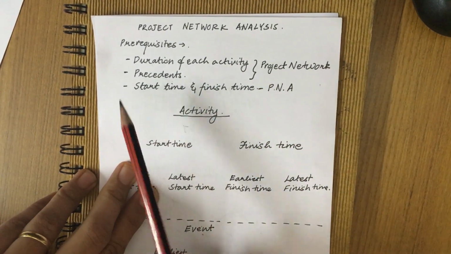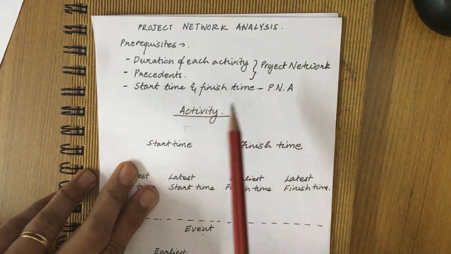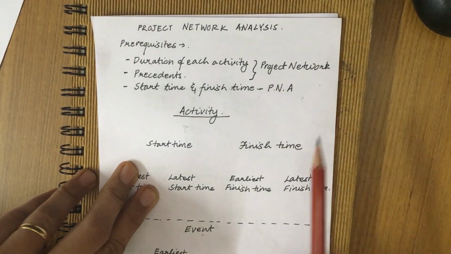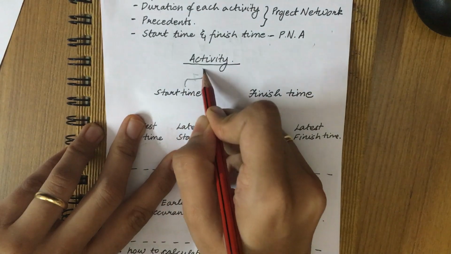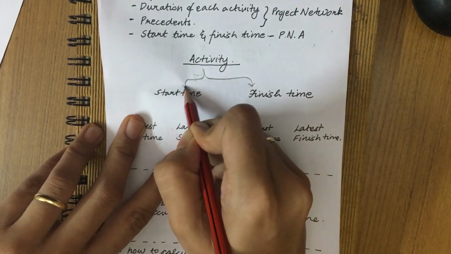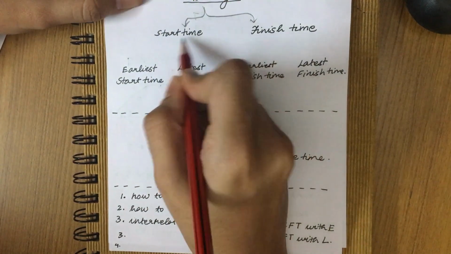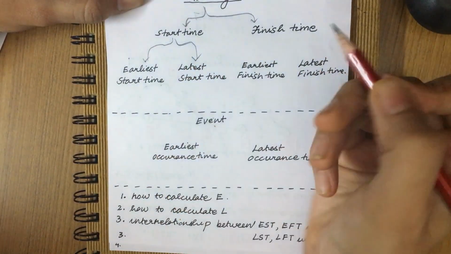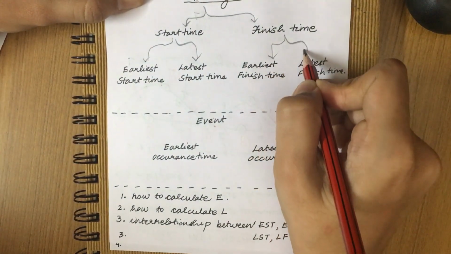And the third and the most important is to know the start time and the finish time, which is extremely helpful for the project network analysis. So every activity will have a start time and a finish time. And again, a start time will be the earliest start time, the latest start time. Finish time will have the earliest finish time and the latest finish time.